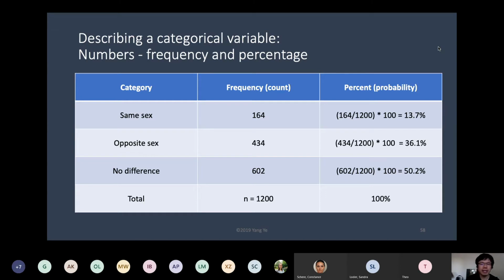So that's a step forward. You're going from empirical frequency into some kind of probability, which is already moving towards statistical inference, or making some kind of prediction about what's going to happen if you repeat the same study again.